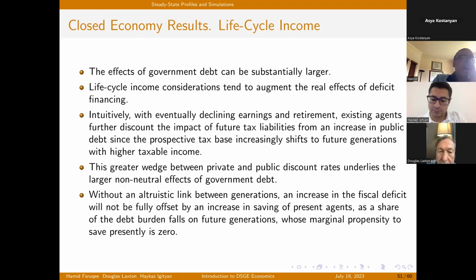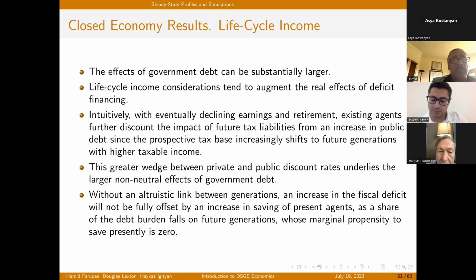A good way to think about it is, think about two intertemporal budget constraints, one for the public sector and one for the private sector. And when you think about changes in, say, taxes and debt issuances, you're effectively moving money from one intertemporal budget constraint to the other.